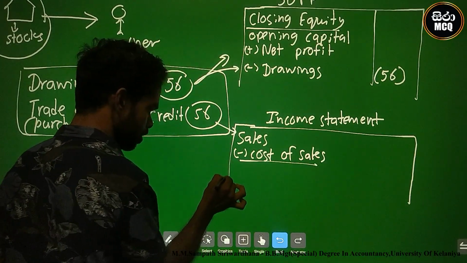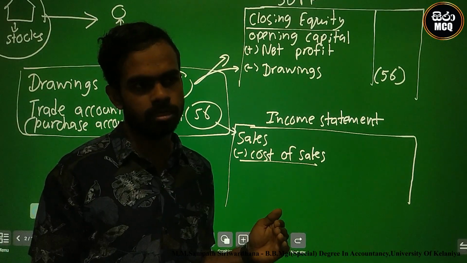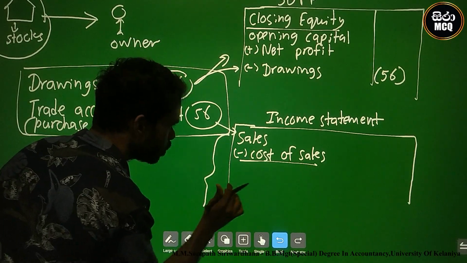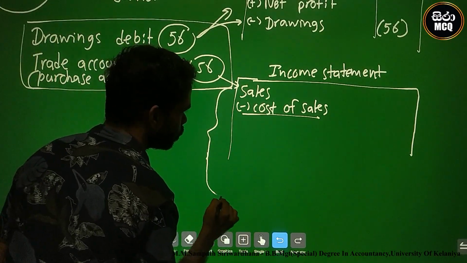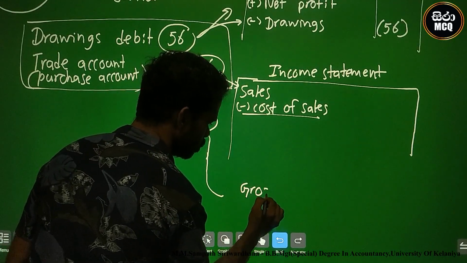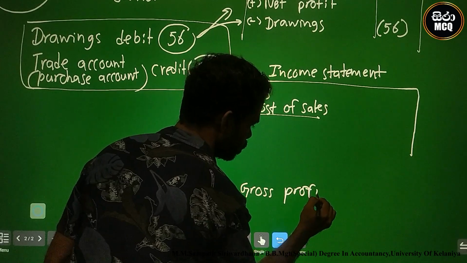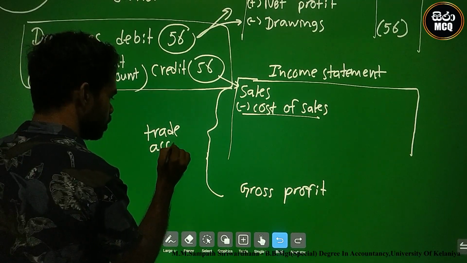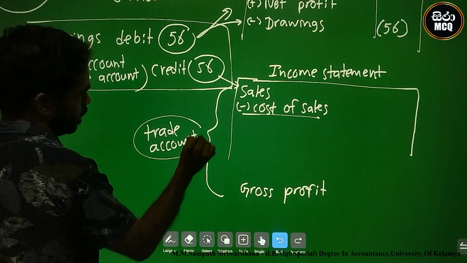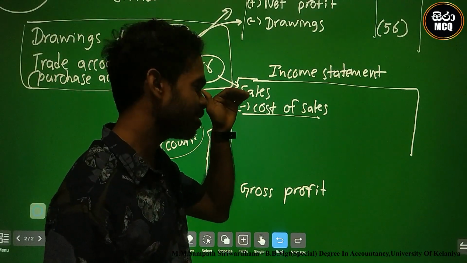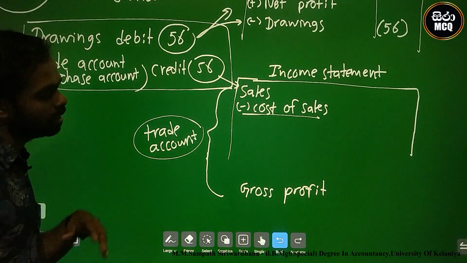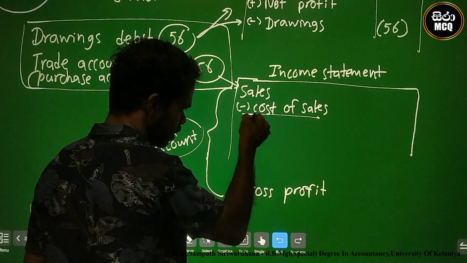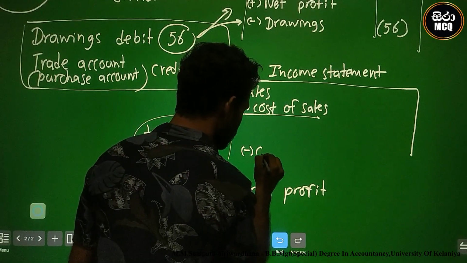The trade accounts relate to everything up to gross profit: sales and cost of sales are all trade accounts. At the cost of sales, you deduct the closing stock.